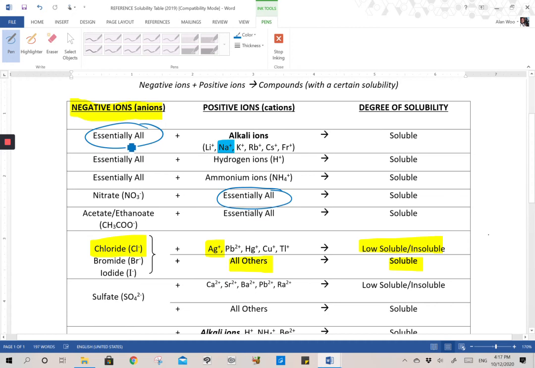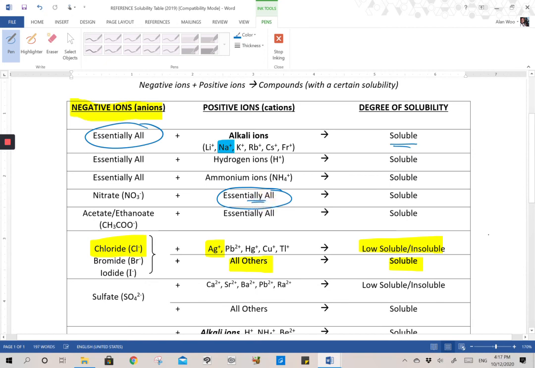So any negative ion plus an alkali ion will always give you soluble. Any negative ion with hydrogens are also soluble, right? So that's kind of how we read this essentially all. For nitrate here, nitrate can form soluble substances with any positive ion.